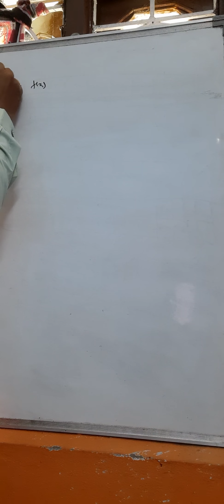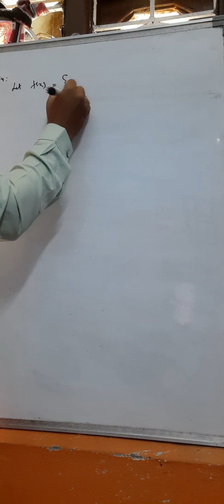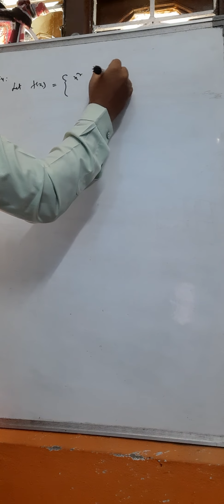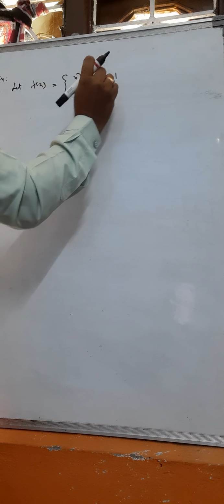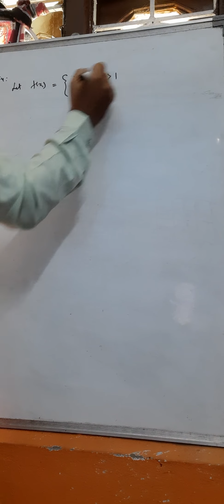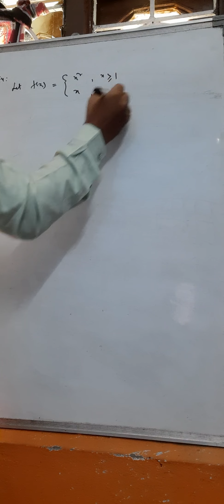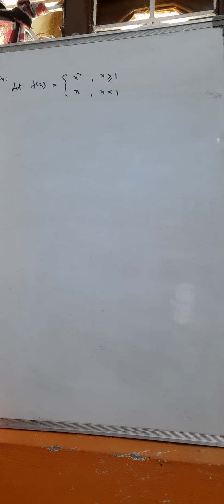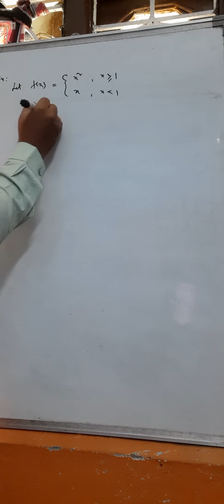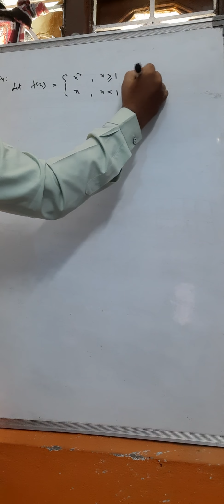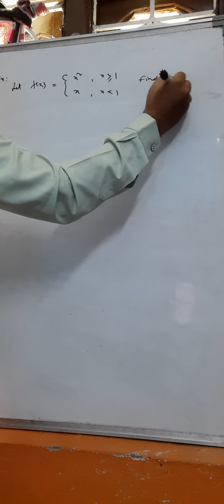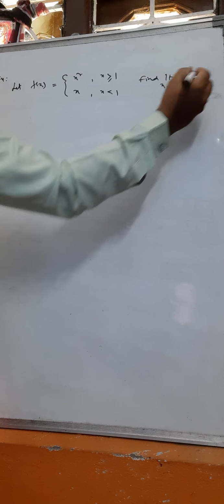Let me see one more example. Let f of x equal to x square if x is greater than or equal to 1, and x if x is less than 1. Now we have to find limit x tends to 1 of f of x.